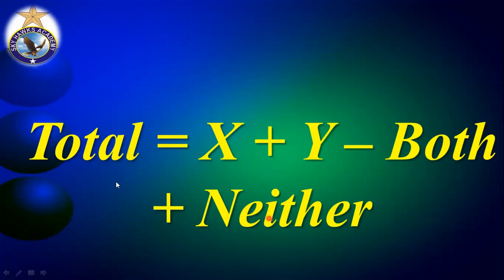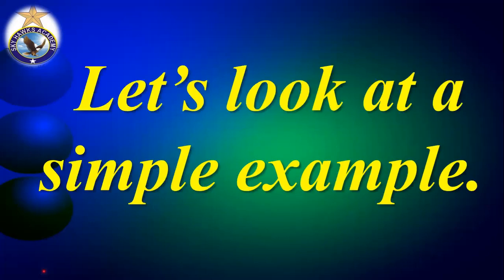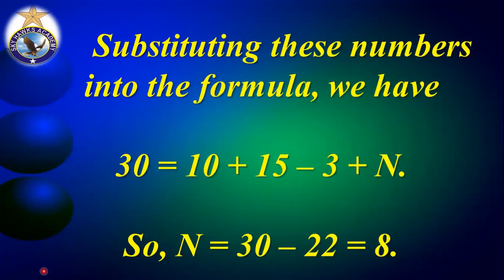This is a very handy formula. If you just put in these values, you will get the answer within the flash of seconds. So this was a question and this was the answer also.